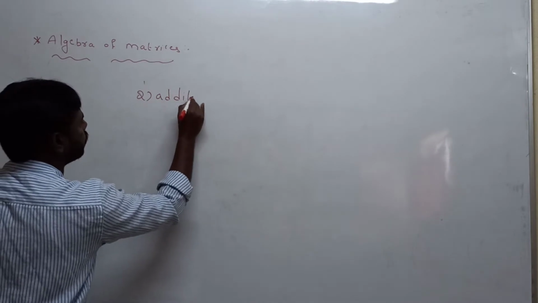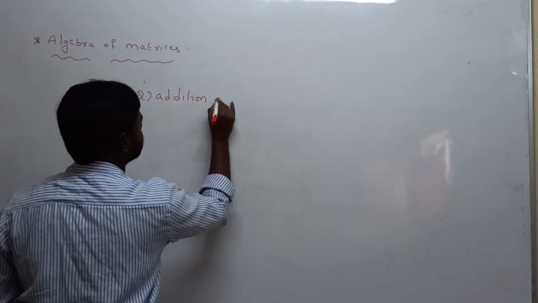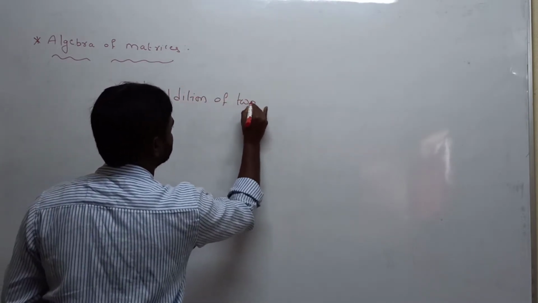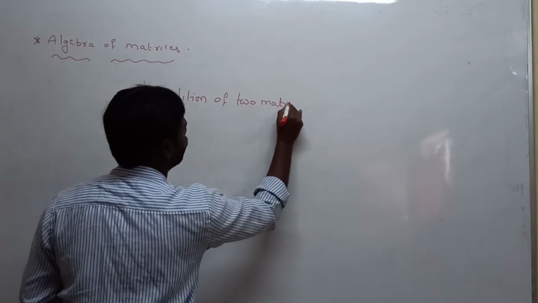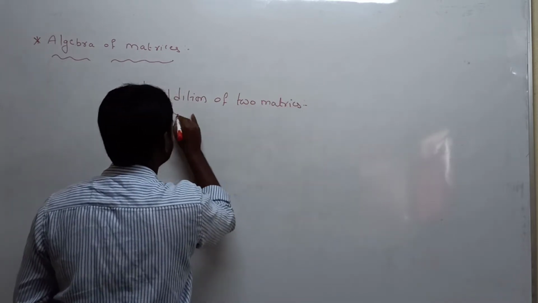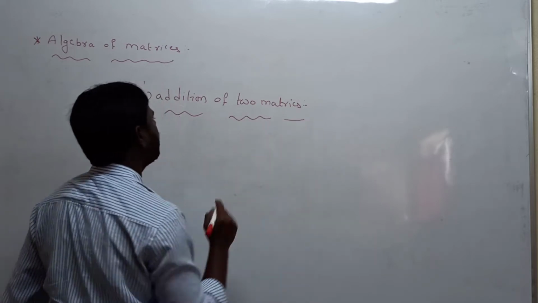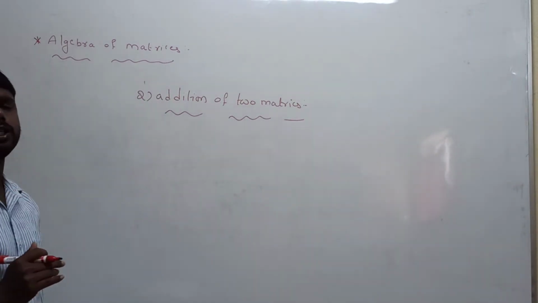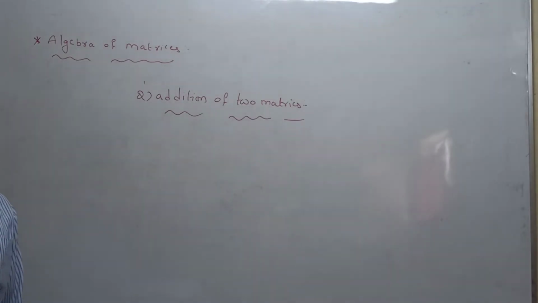Addition of two matrices is nothing but the sum of the two matrices. So what is the meaning of the addition of two matrices? It means let two matrices A and B be of the same order, then the sum of the matrices also has the same order.